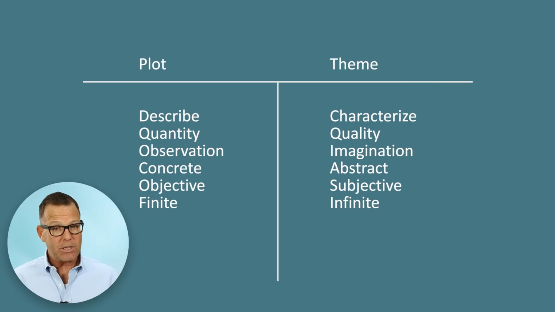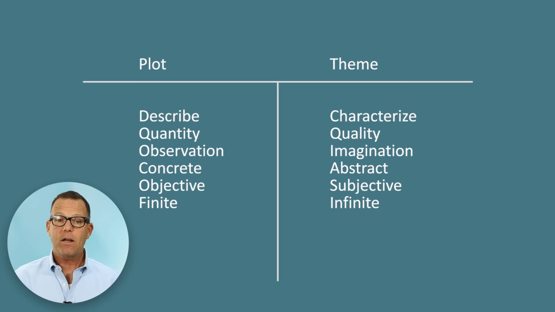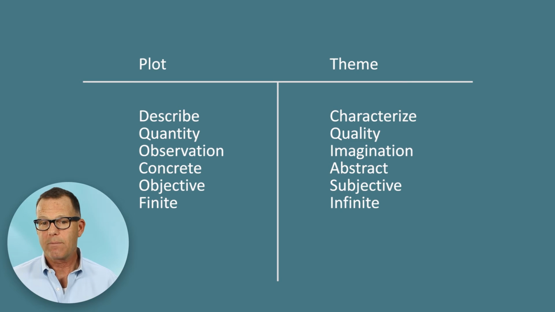Okay, so let's go back and look at our t-graph. We've got finite under the bottom of under plot. Finite is about objective, concrete, observable, and quantifiable descriptions. How's that for a sentence? And infinite has to do with subjective, abstract, imaginary qualities and characteristics.